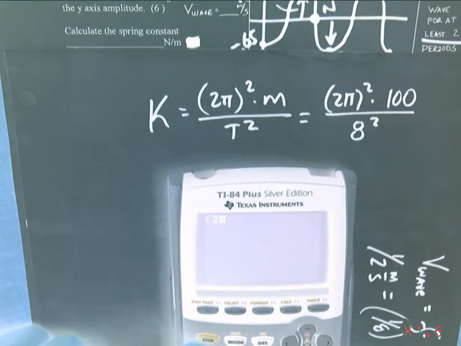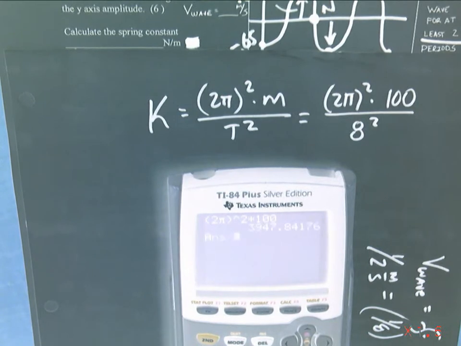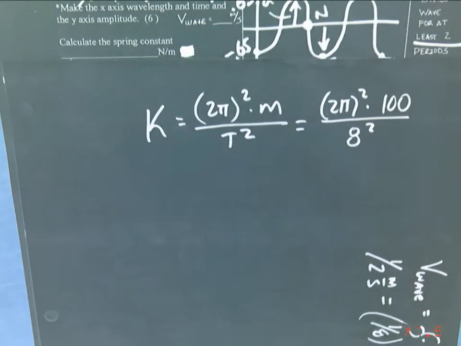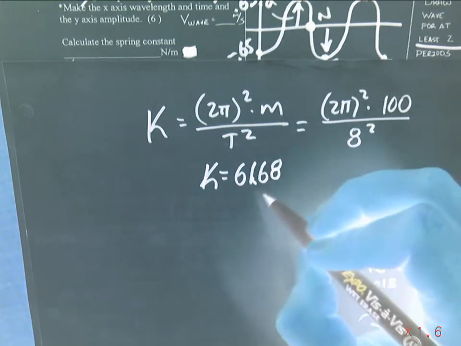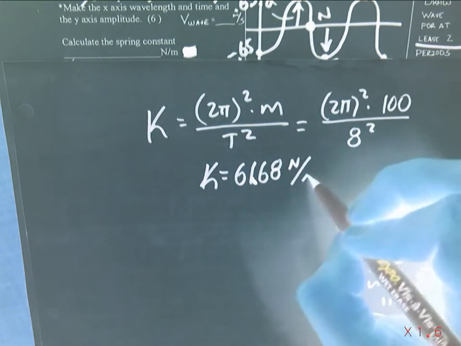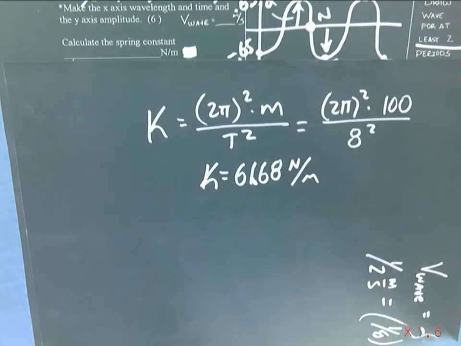So we got 2 pi quantity squared times the mass, 100, divided by 8 squared. So that's 61.68 will be our spring constant. Don't forget the units. I don't remember if I put the units on the quiz tomorrow. You know, probably not. So we want to get into that habit. 61.68, there's a dot there.